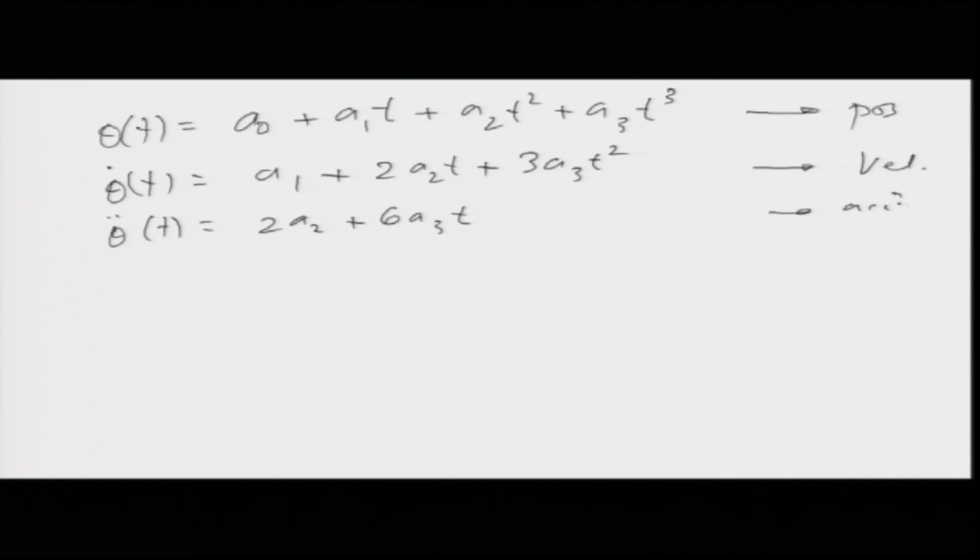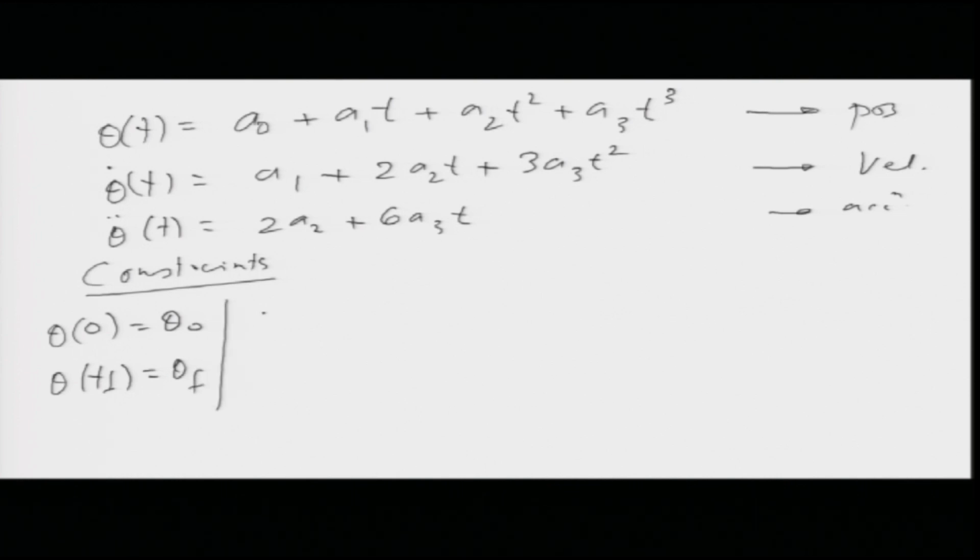Now, how do we find the 4 constants a naught, a1, a2 and a3? We look at the constraints. The first constraint was that at time equal to 0, it was at theta naught. The second constraint was at time equal to Tf, it is at theta f.